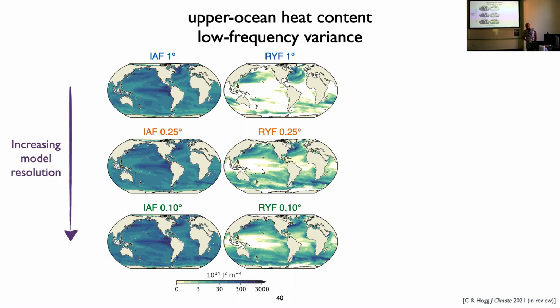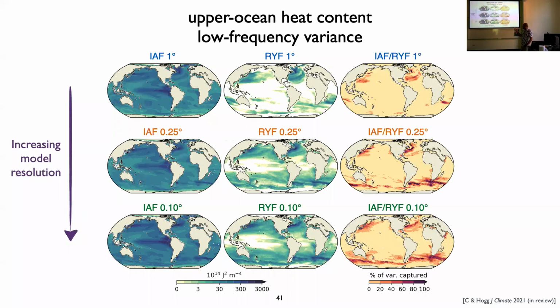That's the explanation here. But you see that there's a lot of variance at the mid-latitudes, and the more resolution you have, the more variance you get. And if you plot the ratio of these two variances, you see that at the mid-latitudes, the variance you get from forcing with the same year over and over almost explains 80% of the variance you get from forcing with realistic winds.